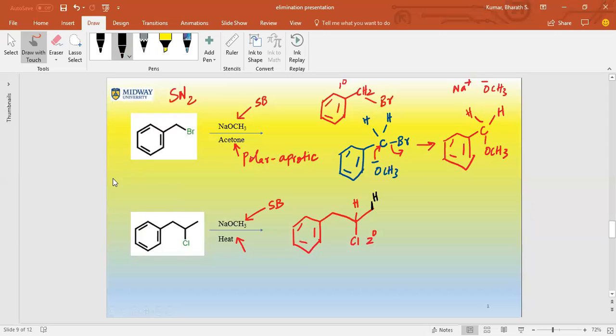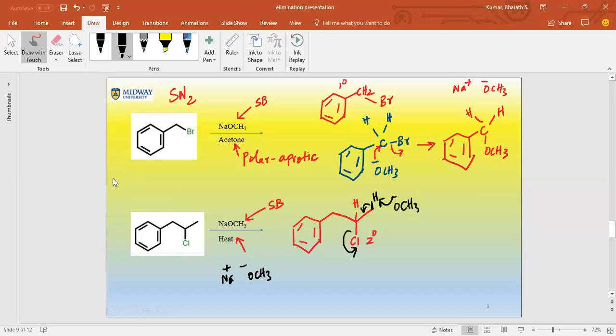So what happens here is it comes and attacks. This is a strong base, so we have a Na plus and an OCH3 minus, right? So the OCH3 minus attacks this hydrogen, and in the process the bond comes over here, and the Cl comes out.